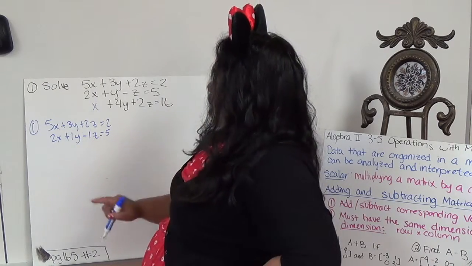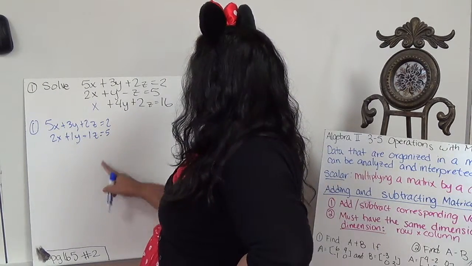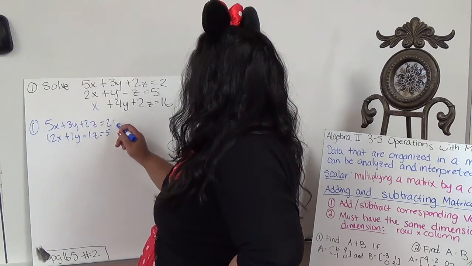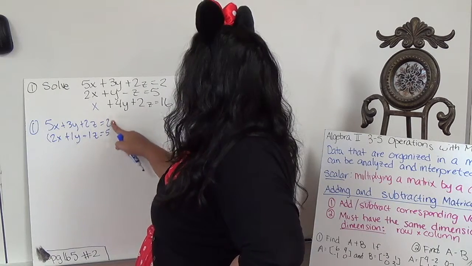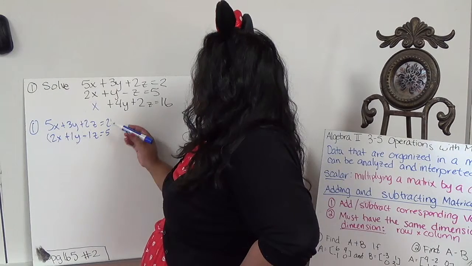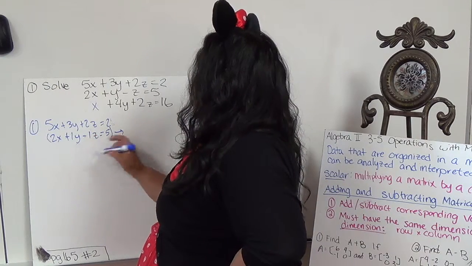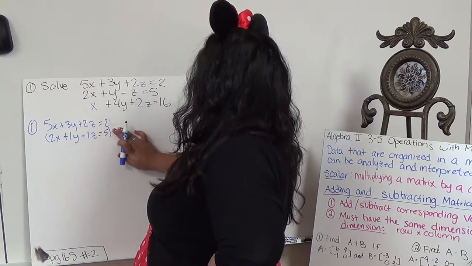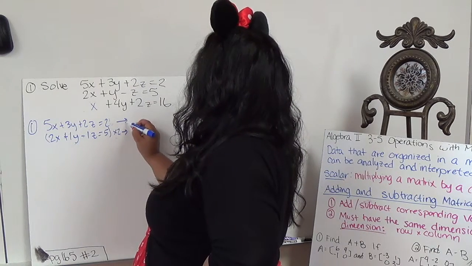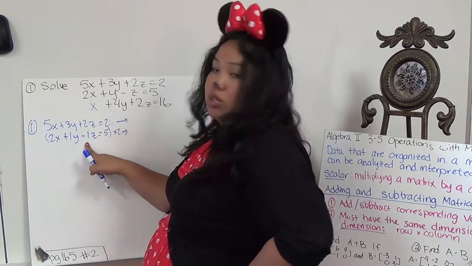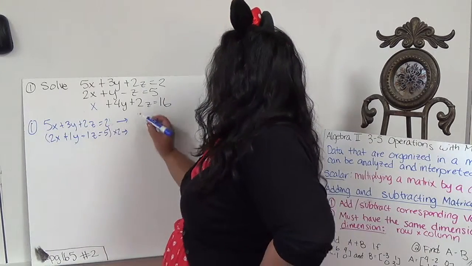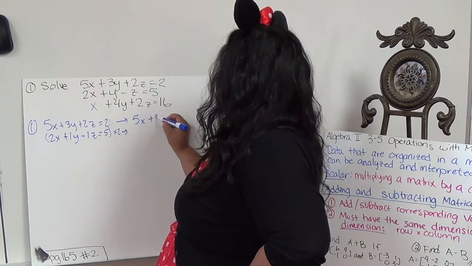Because these are 1s, I'm going to get rid of my z's. That seems like the easiest. The only thing I need to do to get rid of my z's is to multiply this by 2. If I multiply this by 2, I end up with negative 2z. Positive 2, I add them, they cancel out. So I don't need to do anything here.